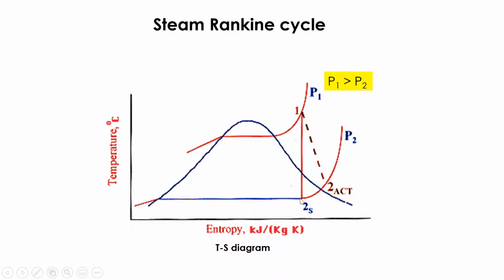In the next process, the partially condensed steam, a mixture of steam and liquid, condenses further to form liquid. Then the cycle can be repeated again and again. This is typically known as the Rankine cycle in power generation.